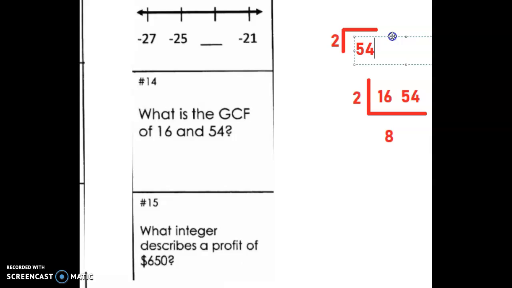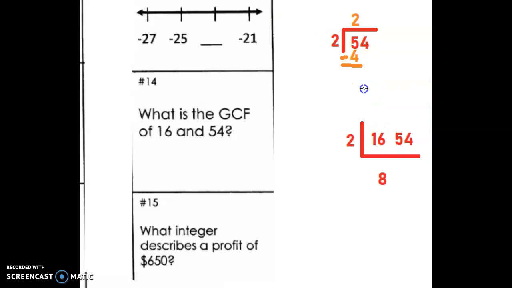But let's see here. Then I have to do in and out. So 2 goes in here. 2 times 2 is 4. Numbers are too big, I'm going to subtract, and I'll get 1. Let me move this stuff down, guys. I'm getting a little messy here.